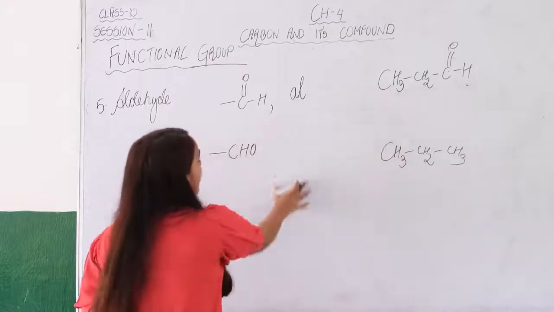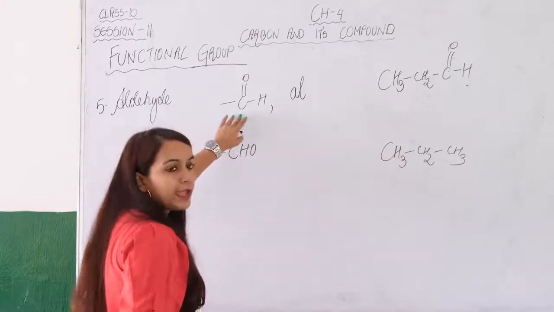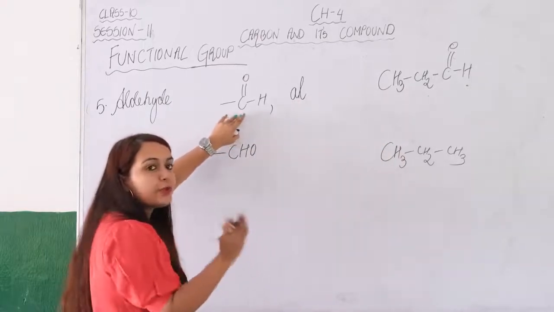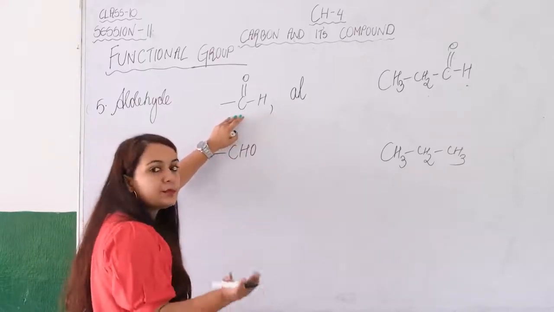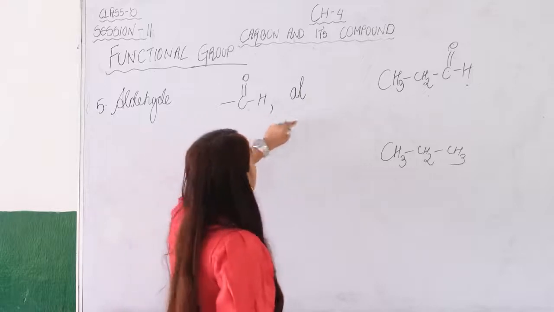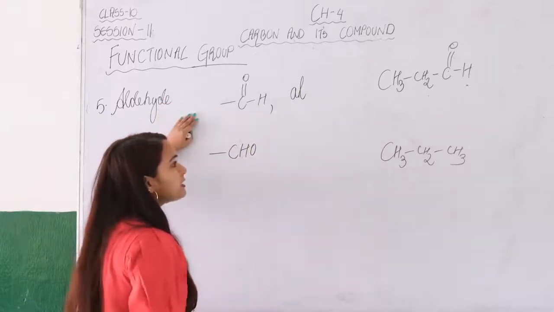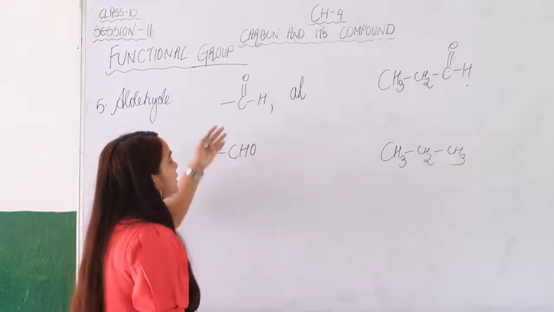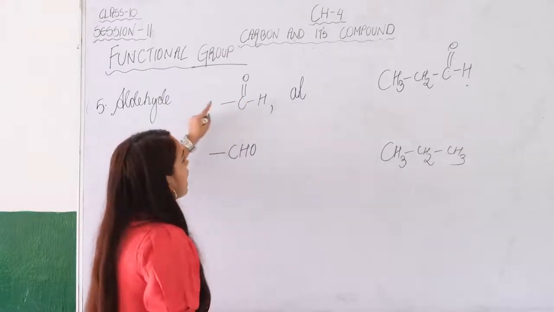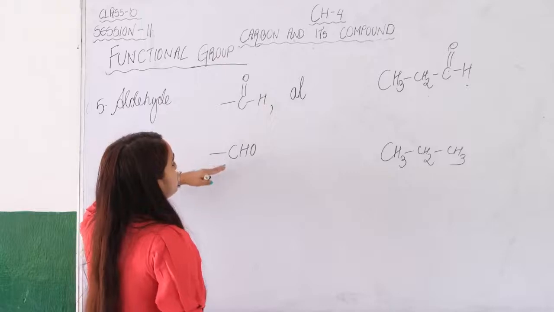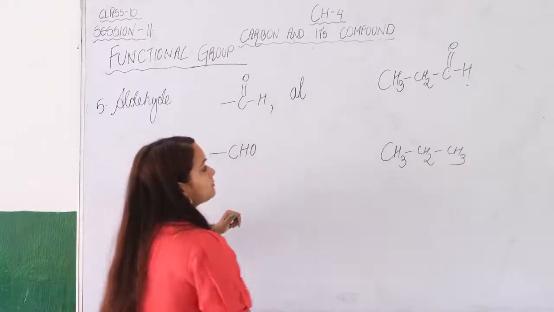Since the functional group already has a carbon, we cannot add one more carbon, because if we add one more carbon, the name of the compound will change completely. So, in case of aldehyde, ketone and carboxylic acid, we need to keep in mind that they already have a carbon, so we will not add an additional carbon, but the carbon of this functional group will also be counted while naming.